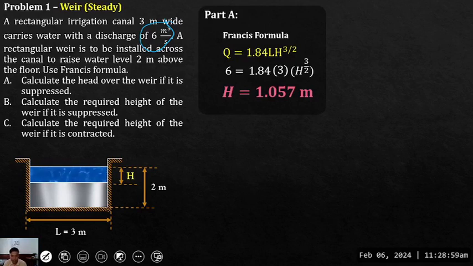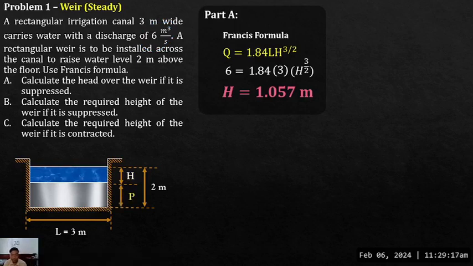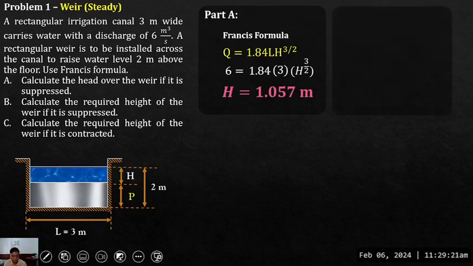Next, letter B. Calculate the required height of the weir if it is suppressed. So, iba yung head, iba yung height. Yung head is H, yung height ng weir, that is P. Okay po? Sige, so solve natin. Kita naman sa drawing, no, na yung P masosolve mo siya as 2 minus H, tama?